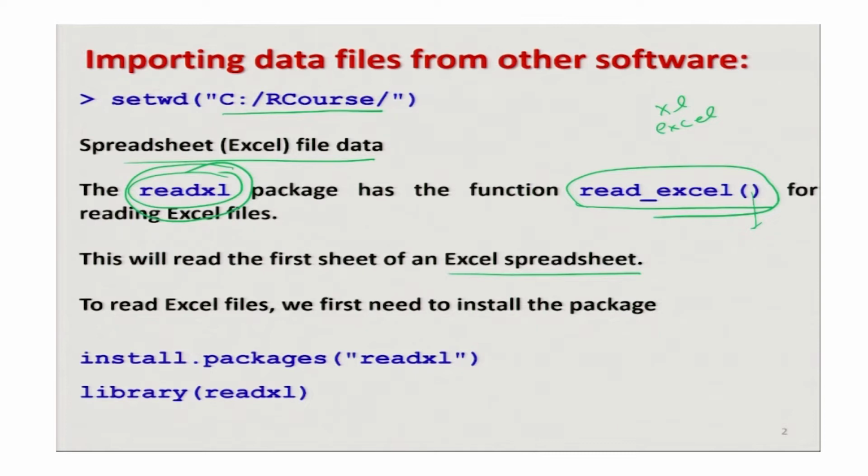Those sheets can be given a number, identified as an index, or given some name. So when you use this command read_excel, the first sheet of the spreadsheet is going to be read. And after that you have to give some option or command so that you can read a particular Excel file. Okay, so first I try to do that.